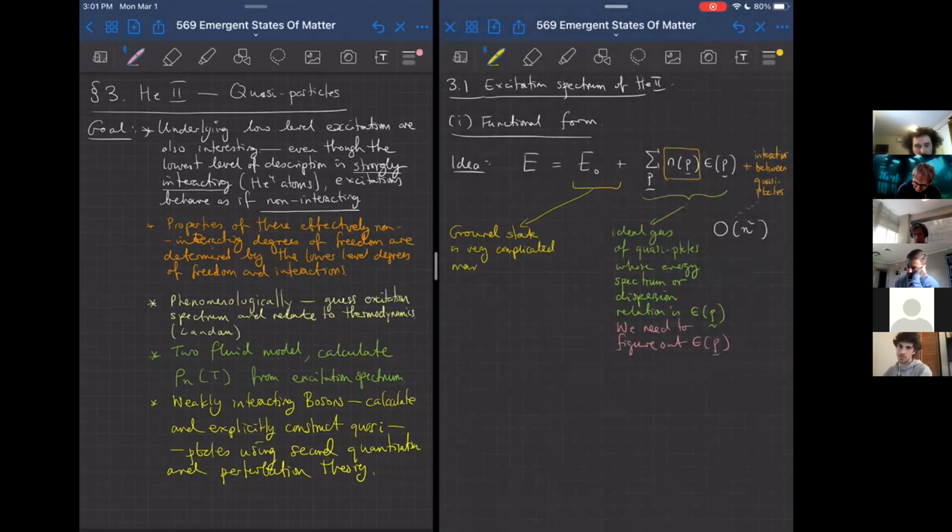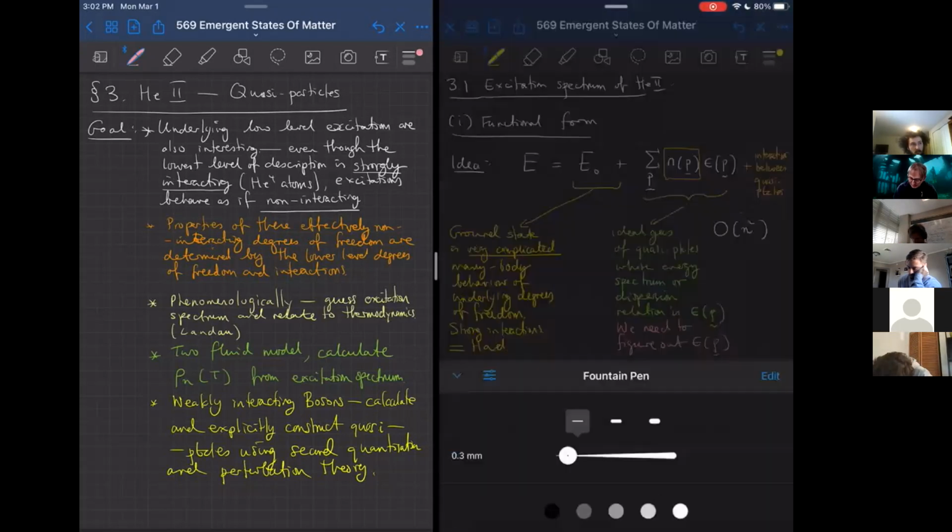Many body behavior of the underlying degrees of freedom, in this case, helium-4. And we can't expect to calculate that, because in general, why is it very complicated? Well, it's very complicated because we have strong interactions. So that makes it hard.